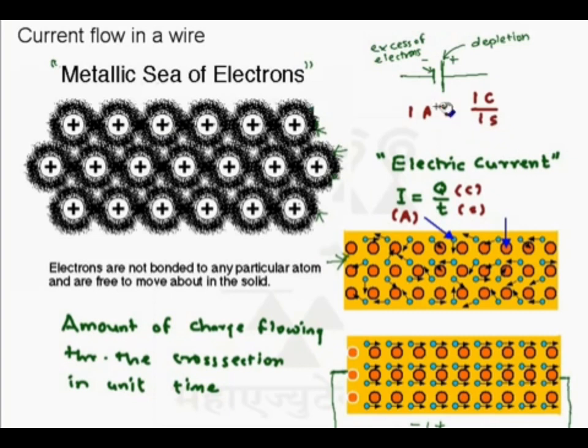If 1 coulomb of charge is passing through any cross section of a conductor in 1 second, then the amount of current is said to be 1 ampere.